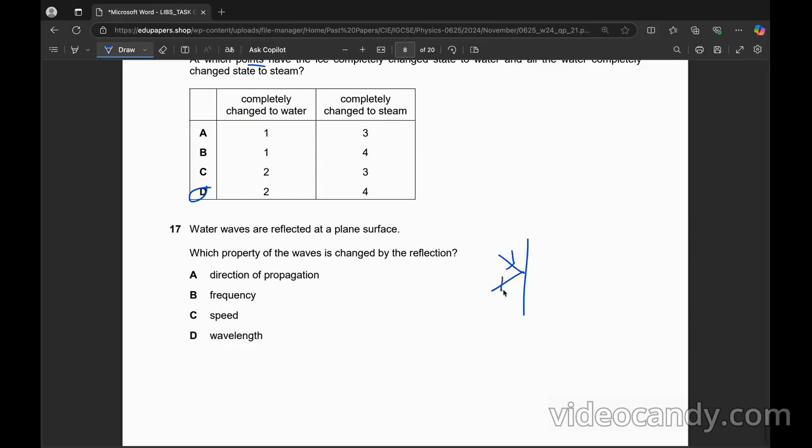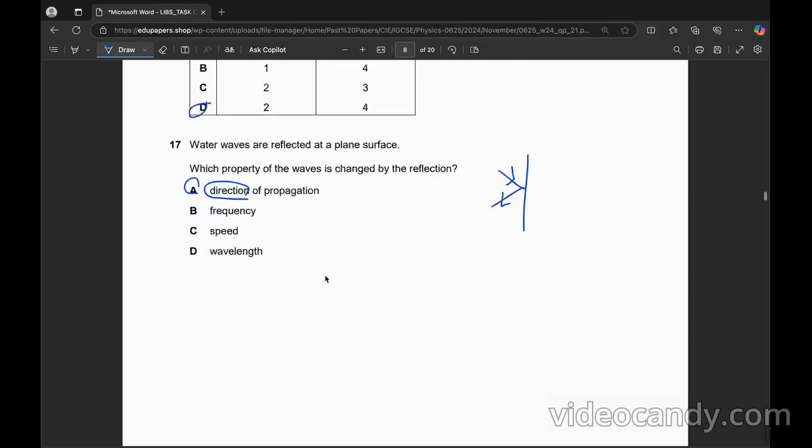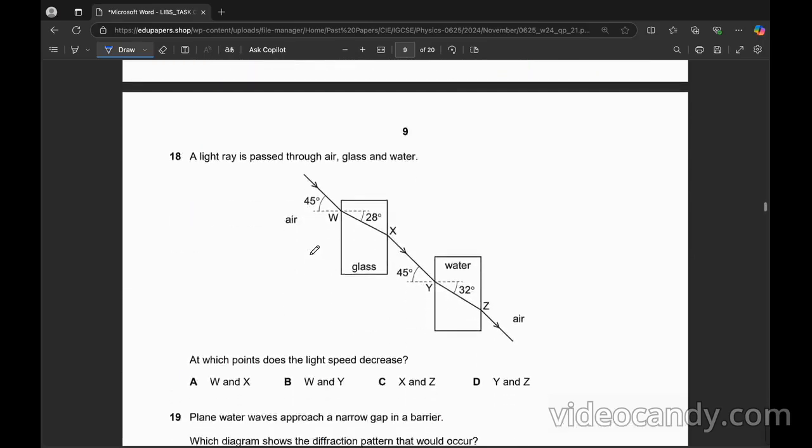Since it reflects, it will go in this way. So that will be the direction that is changed by the reflection. Normally the frequency, speed, and wavelength don't change just because of reflection. So that will be A.